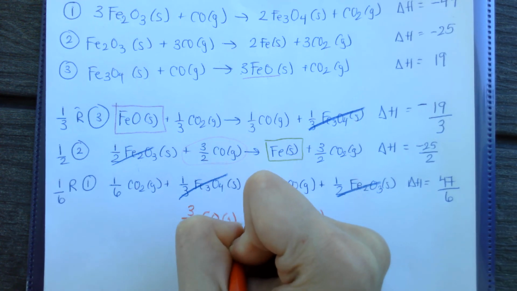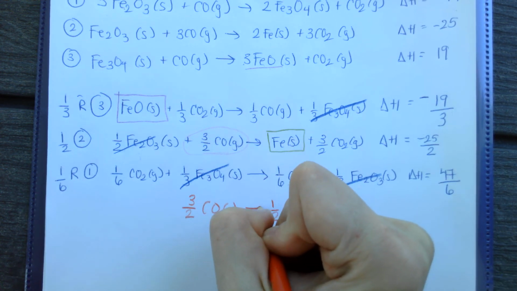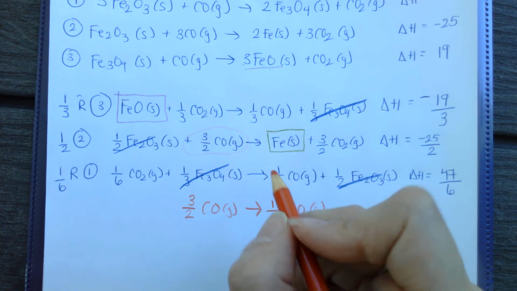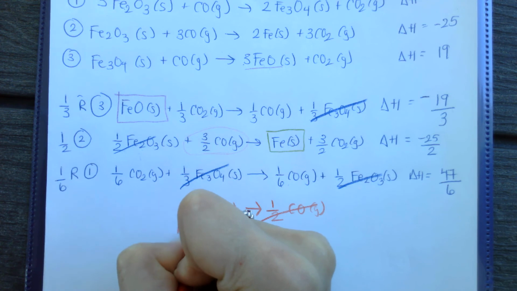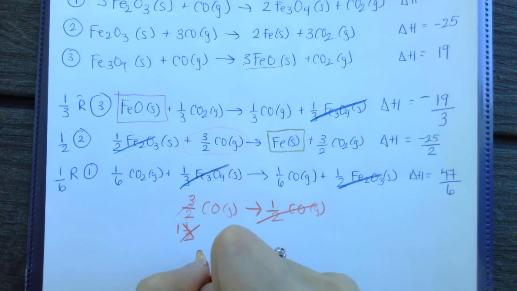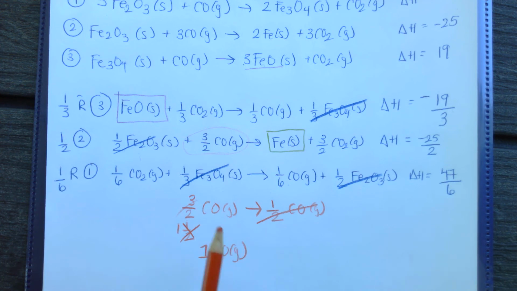Okay, so this is one of those things where we're going to get some partial canceling. Okay, so we'll do our arrow. Okay, so half of the CO2, 1/2 CO2, will cancel with 1/2 of CO2 here. So we can turn this into 1 and 1/2. So that 1/2 will cancel with this and leave us just with 1 CO gas on the reactant side. Okay, so 1 CO because half canceled with a half there and left 1 behind.